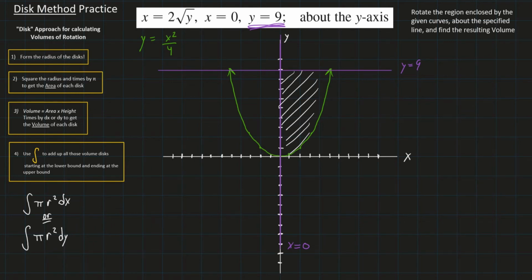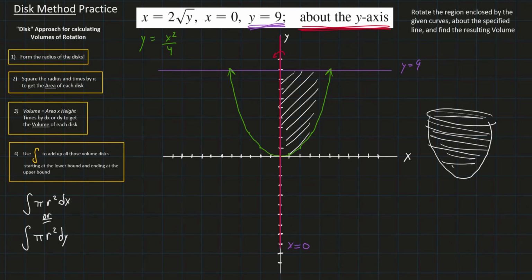And they want me to rotate this region about the y-axis, so just this same x is equal to 0 line. If we take this area and sweep it across that y-axis, we'll get some 3D volume that looks like this. A tall bowl.